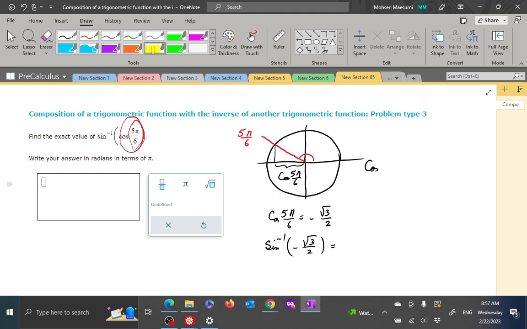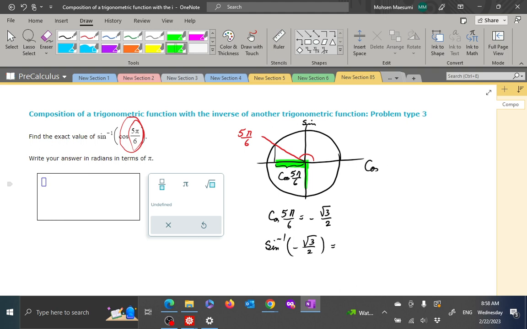So suppose this is cosine of 5π/6, which is some number, minus radical 3 over 2. I want to figure out the angle whose sine matches this. Do we remember what the sine axis was? So this is the sine axis. I want an angle whose sine becomes like this. So what I really want is to put the same length on the sine axis.